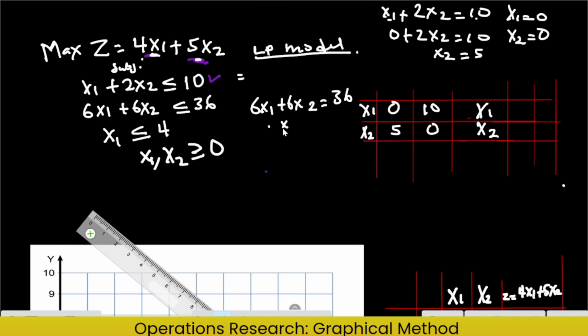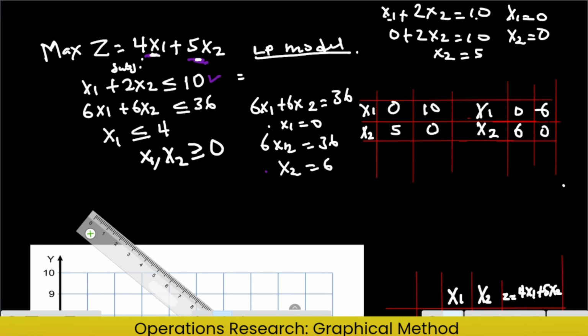Now, if we set x1 equal to 0, we have 6x2 equal to 36, so the value of x2 is 6. If we set the value of x2 equal to 0, x1 will also be equal to 6. Once we have two points, we can proceed to drawing our graph.